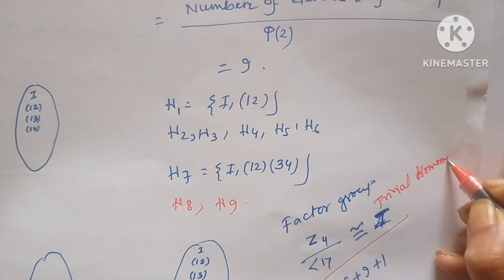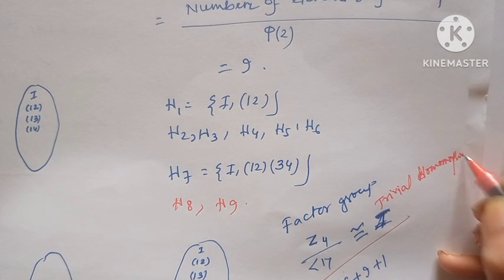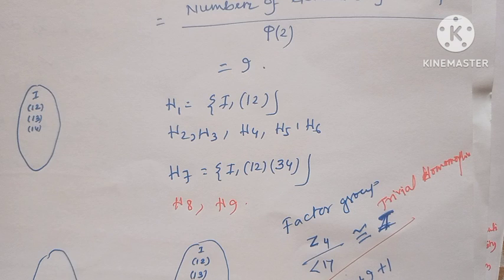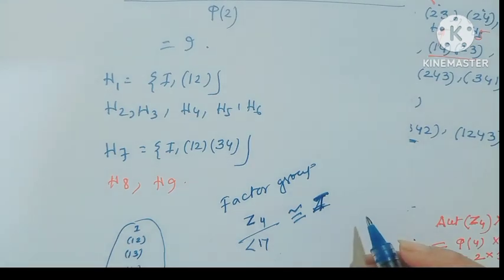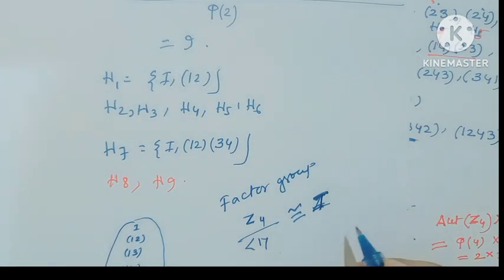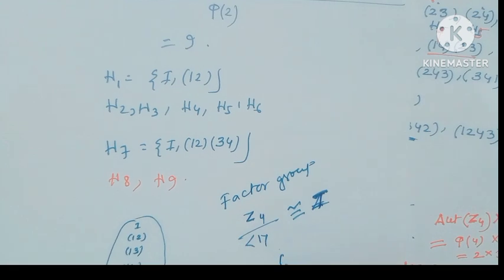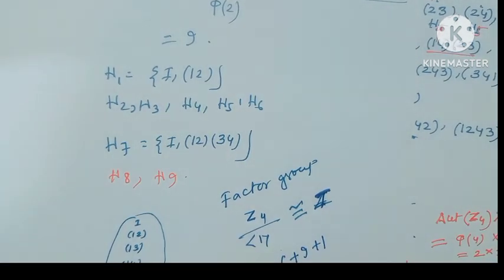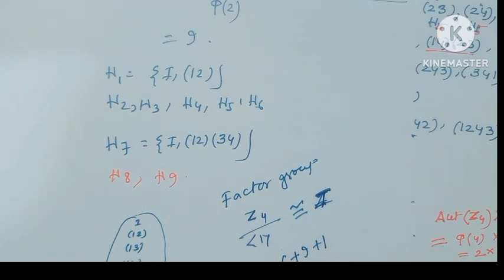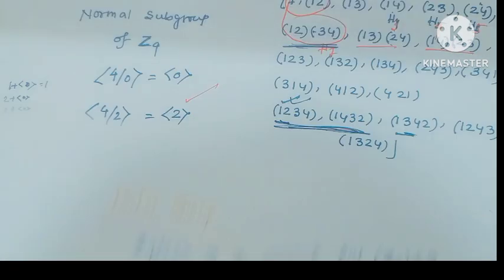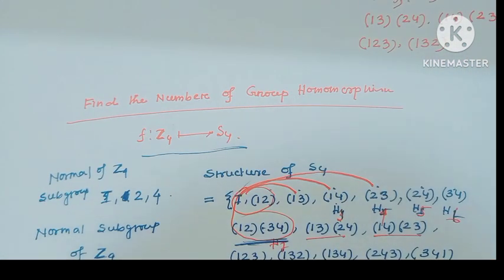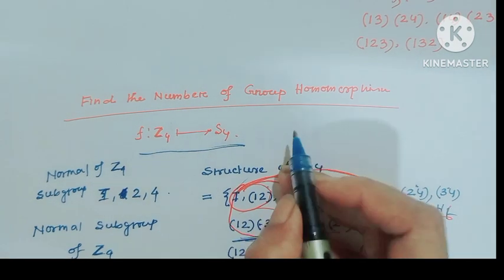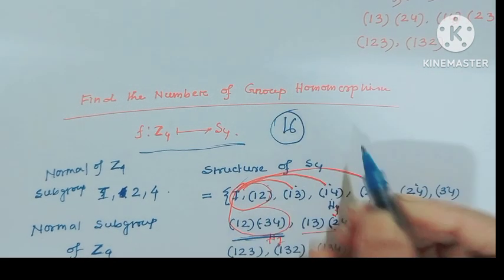All elements map to the identity. That means the number of homomorphisms is 6 plus 9 plus 1, and this is equal to 16. Therefore, the number of homomorphisms from Z4 to S4 is 16.